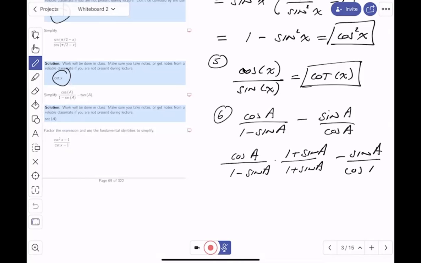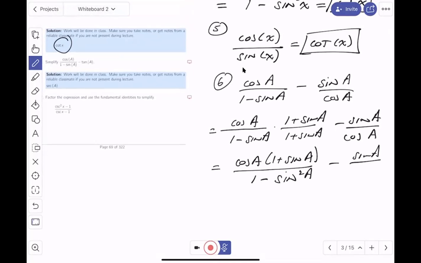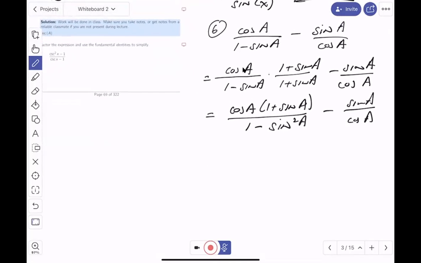I also want to recommend these problems are written to work. What I mean by that, they're going to work out really nicely if you move forward. Now, the top is going to be cosine of a times 1 plus sine a. No, I'm not multiplying that out. I'm actually multiplying the bottom out. It would give me 1 minus, these are conjugates, sine squared a. Yeah, I know it's work. Let's keep moving forward.